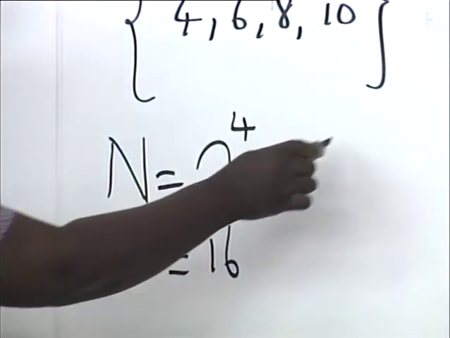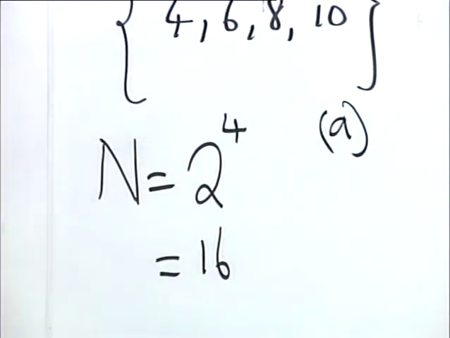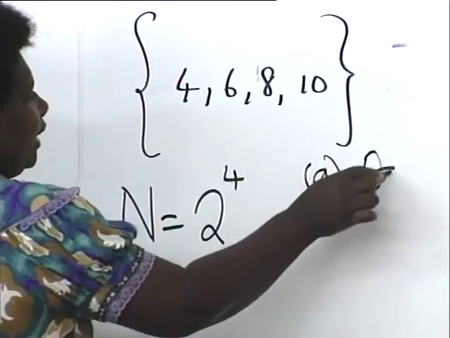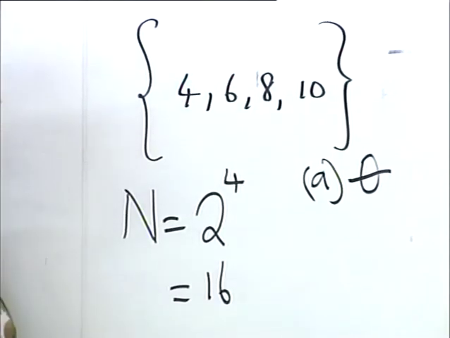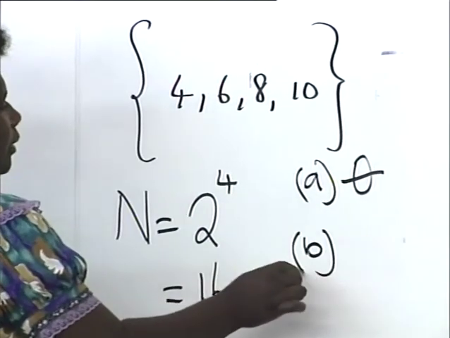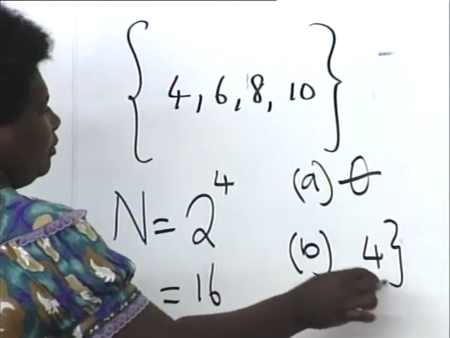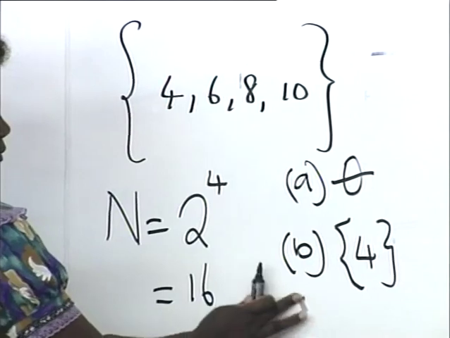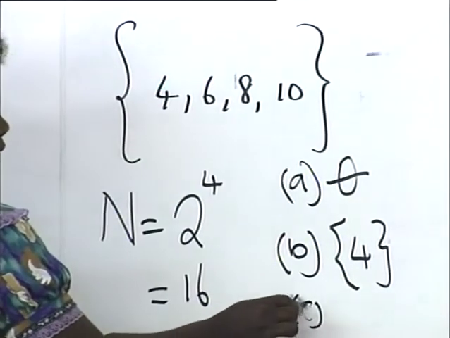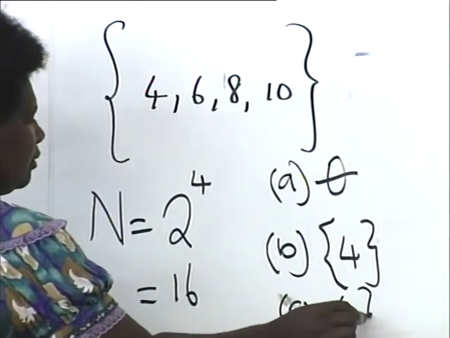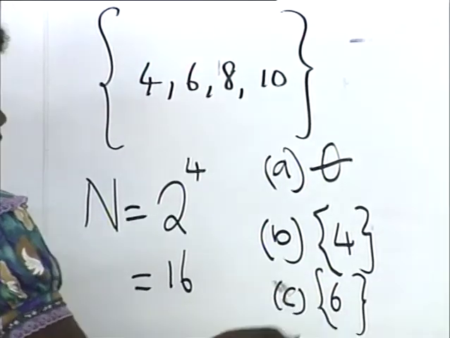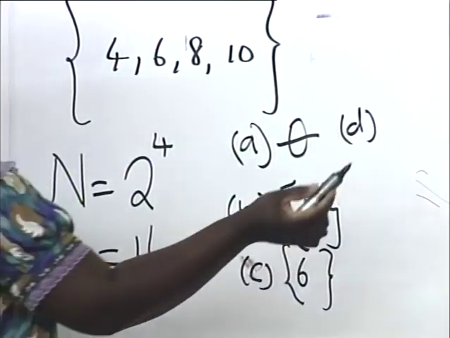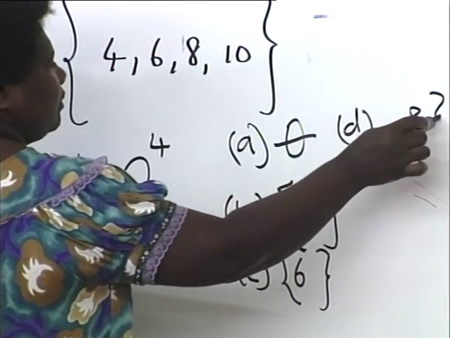We'll just go through it so we are not following only what's in the book. The first set will have to be an empty set, always. The second set will be {4}. Clear? The third set is going to be {6}. The fourth set is going to be {8}.